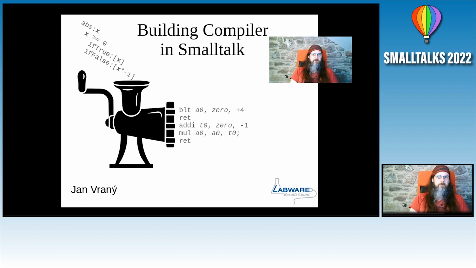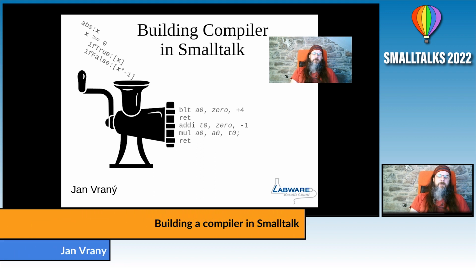I work at Labware, and on conferences like this I usually talk about debugging because I debug a lot and it's my favorite topic. But today I will talk about a compiler.